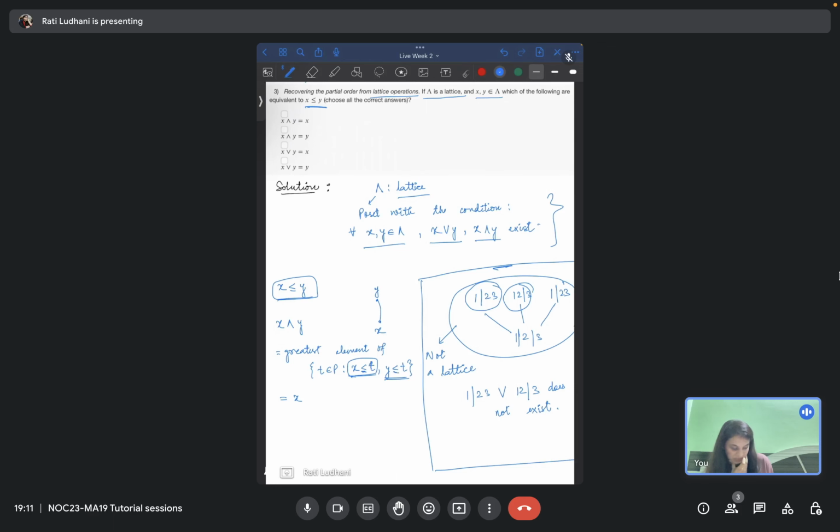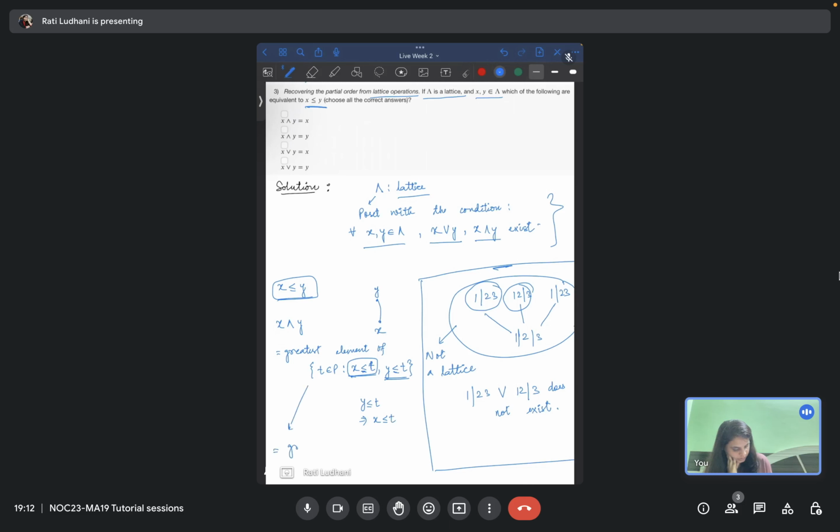What I was saying is, if y is less than or equal to t, this implies x is less than or equal to t. So I can actually remove this part, right?